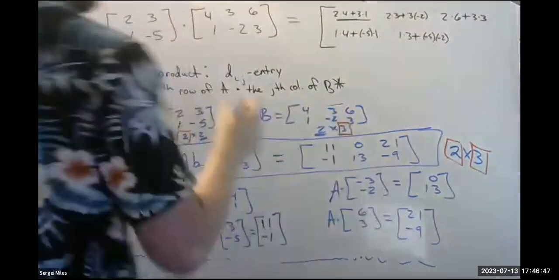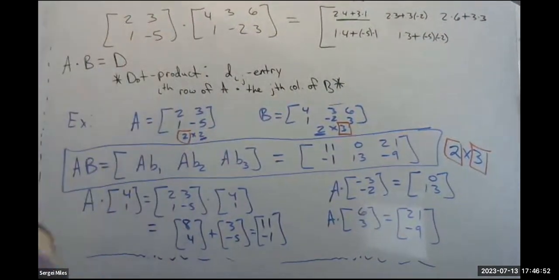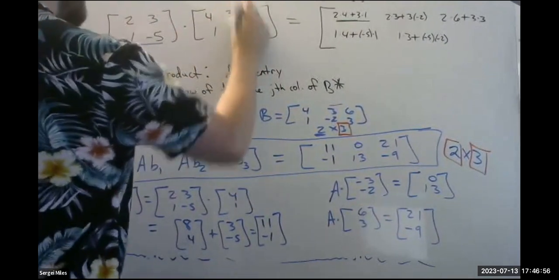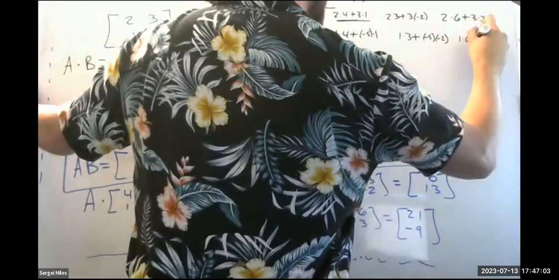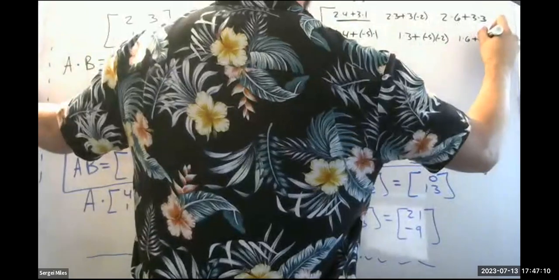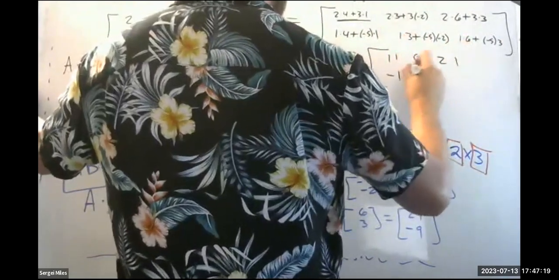And the last entry, this is the second row, third column. So again, just to highlight, second row, third column, I'm going to have 1 times 6 plus -5 times 3. And lo and behold, what happens? This turns out to be the exact same matrix I have down here.